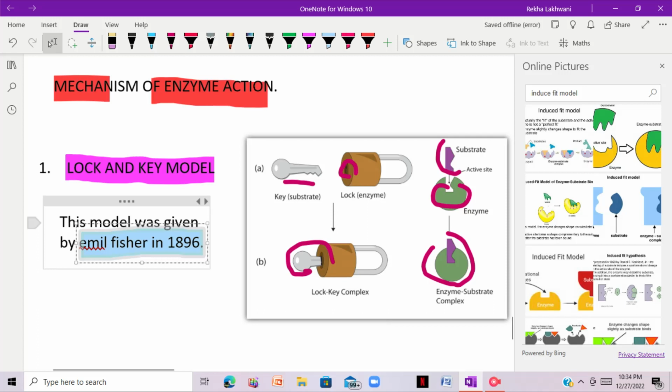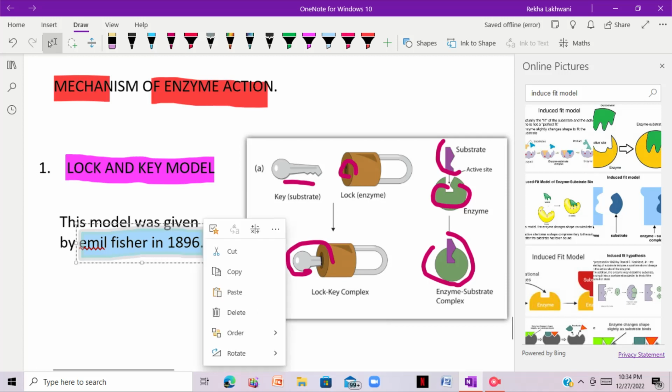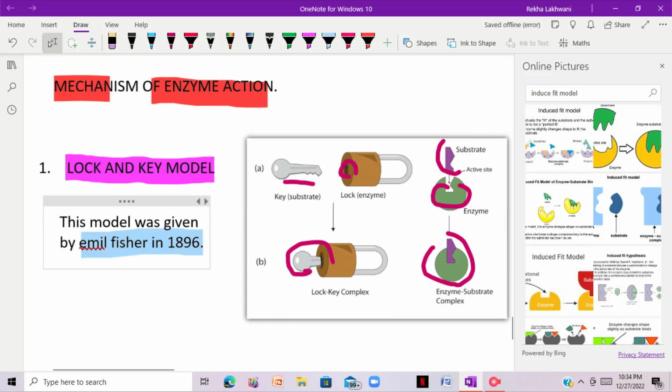According to this model, a particular substrate has a particular enzyme, right? And the active site, notice the active site, we see this region.